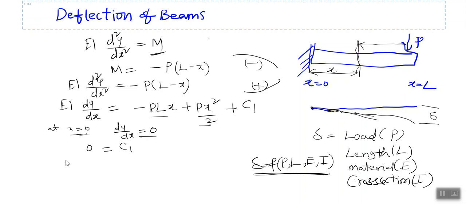Okay, now our equation will become EI dy/dx = minus P L x plus P x²/2.